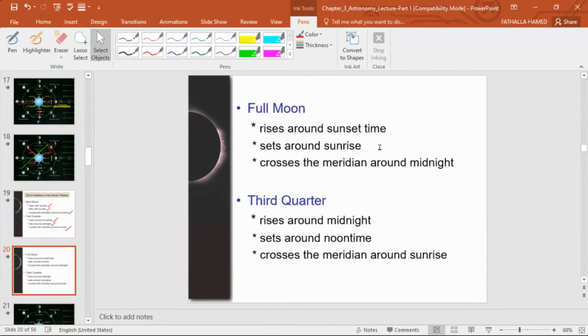Full moon rises around sunset, sets around sunrise, crosses the meridian around midnight. And this is the face of the moon that you can always see in dark skies. Okay. You do not see it during the day, or it's not available during the day. Third quarter rises around midnight, sets around noontime, and crosses the meridian around sunrise.